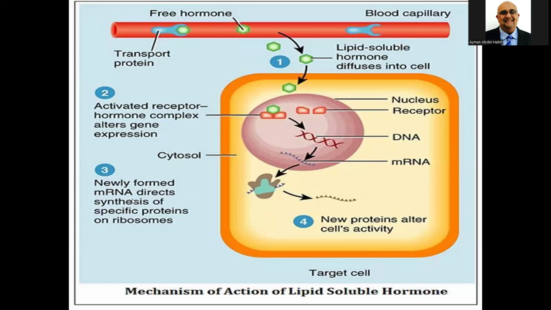And thus, a newly formed messenger RNA is developed, which directs the synthesis of specific proteins on ribosome. And then ultimately, you will have the new proteins altering the cell's activity.